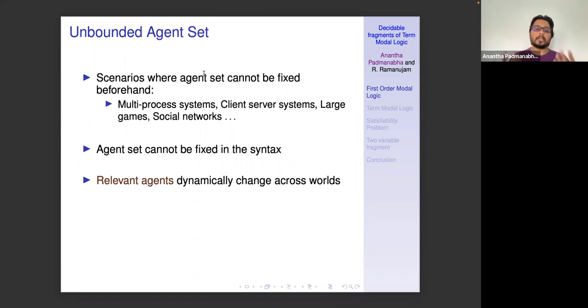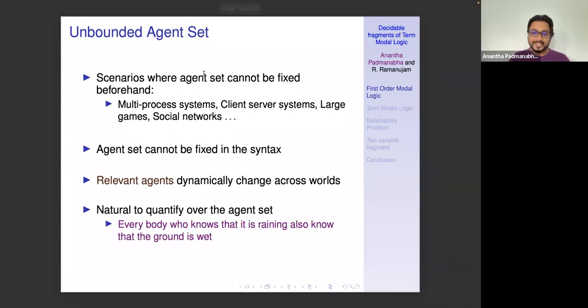For instance, in multi-process systems, in the current configuration there could be some processes, but once the configuration changes, some new processes are created, some old processes die, right? And in such settings, when we cannot fix the agent set, it is very natural to say, I cannot pinpoint every agent, but I can quantify over them, right?